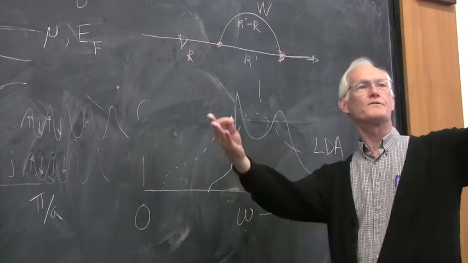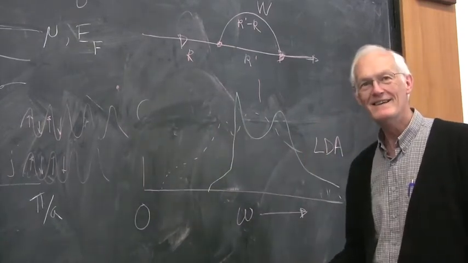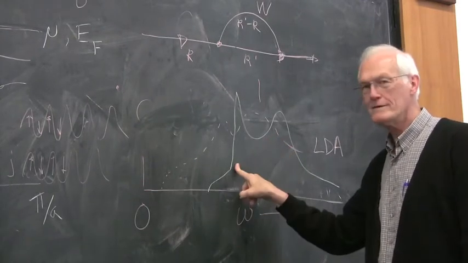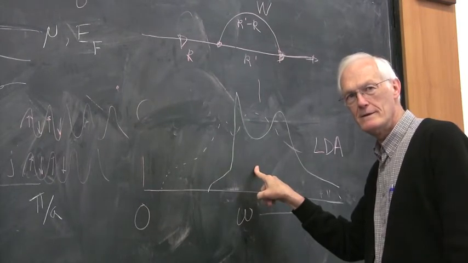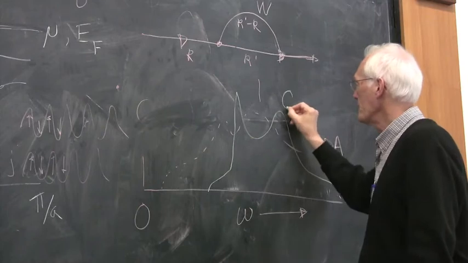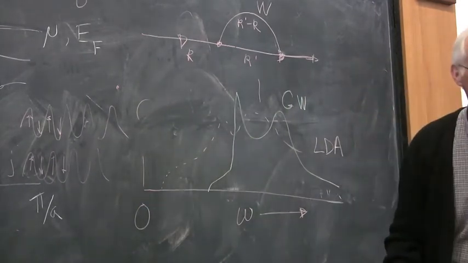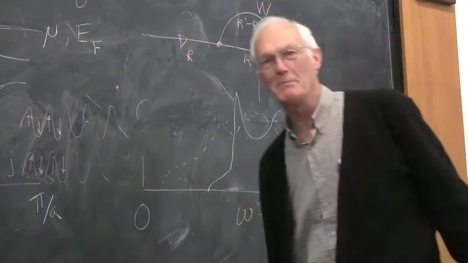So where's the truth for the absorption? Is it here? Is it lower? Is it higher? So GW would correspond to just putting an electron in, taking it out, but not having both there at the same time.